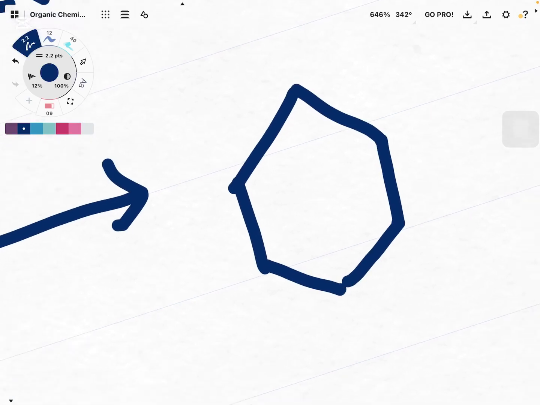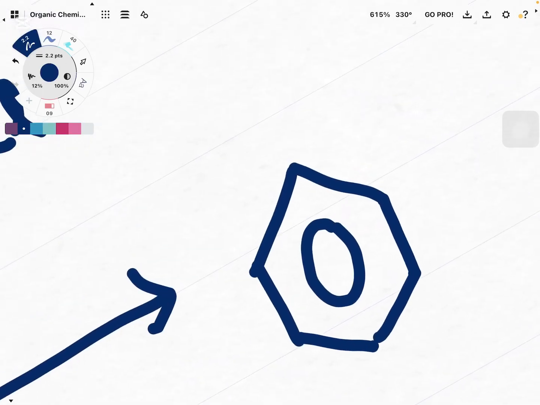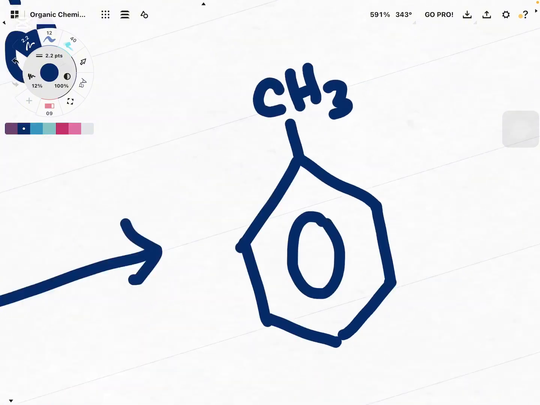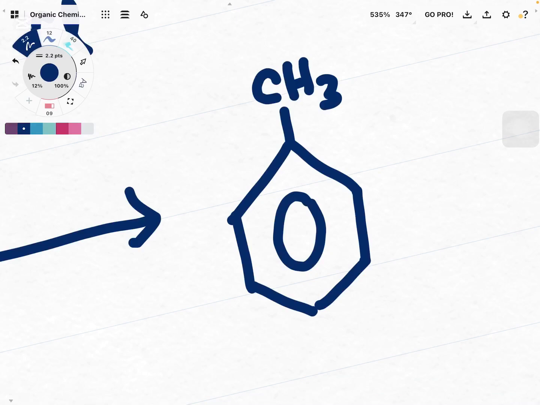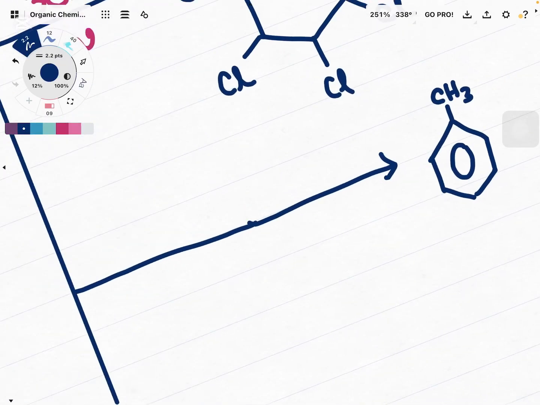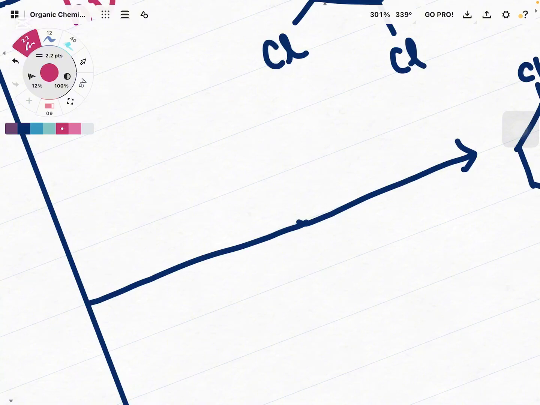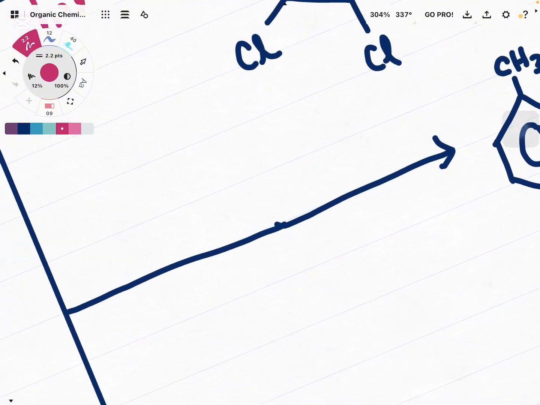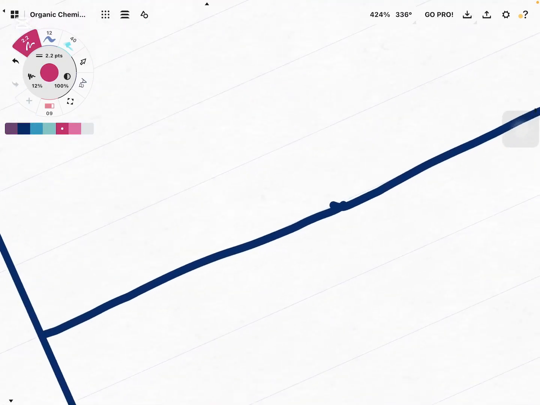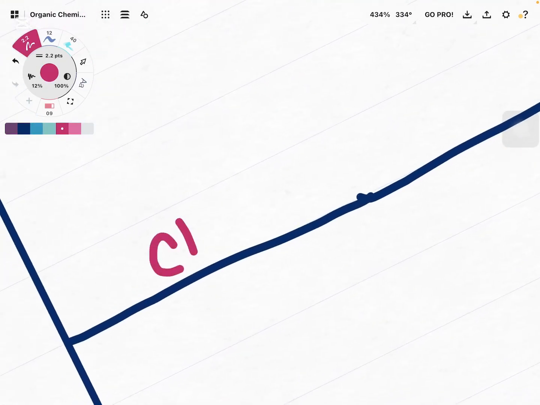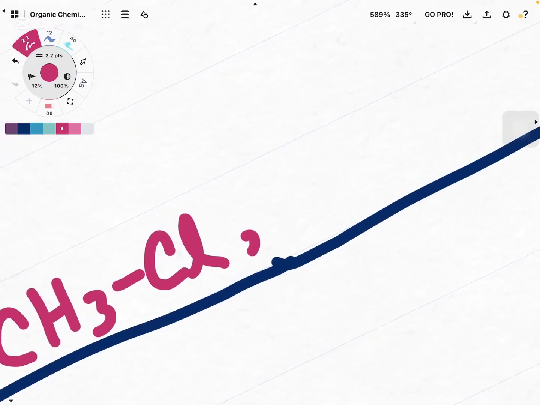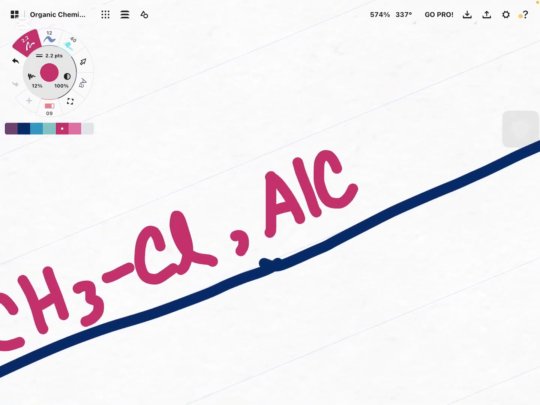So toluene is a benzene-like structure with the CH3 on top of it. So that's it for our catalyst. Let me put it in there: chloromethane, CH3Cl, and aluminum chloride, AlCl3.